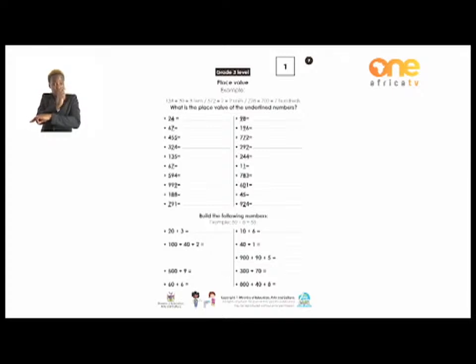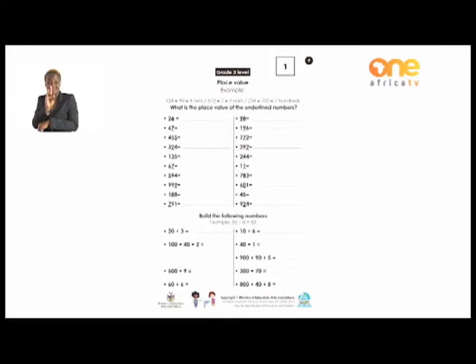Let's quickly look at the one next to it, 98. Again here, we only have 2 digits, a 9 and an 8. The 9 is the one that is underlined, so it wants to know the place. At what place is that 9? It's at the tens place, so we write tens. All right, let's go down to 67.